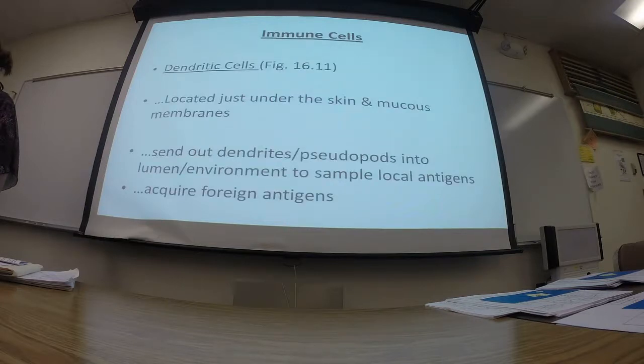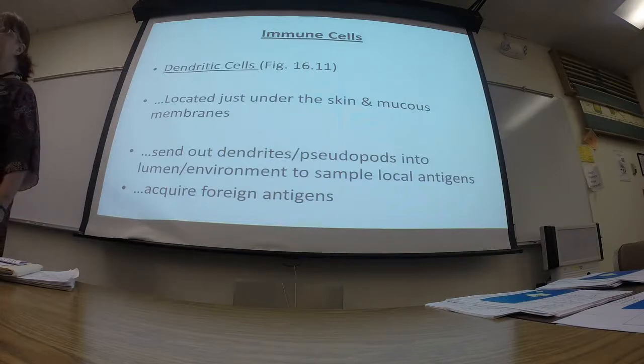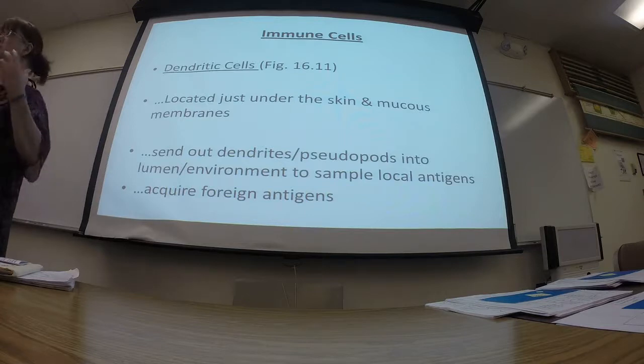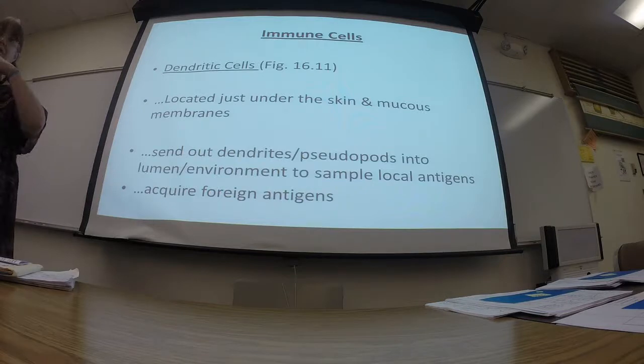We already talked about dendritic cells. What were they? Underneath every boundary, your skin, your intestines, your respiratory mucous membranes, you have a cell underneath that has the ability to phagocytize, called the dendritic cell. It is the scout.